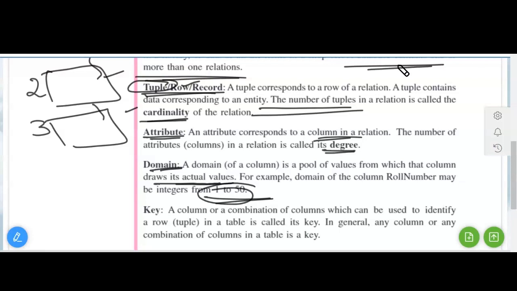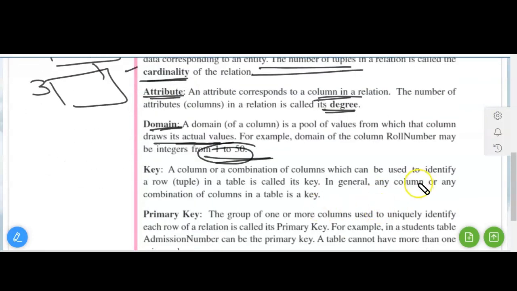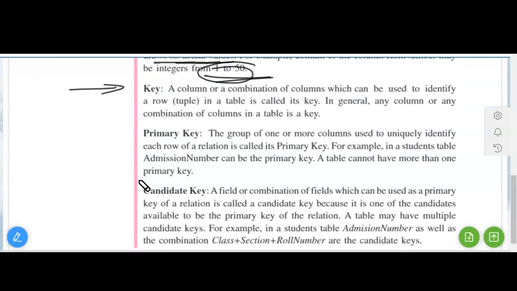Next one is key. Key is to uniquely identify or identifying a row. The way the row is being identified, it can be combinations of key, or a single column can be a key as well. So when it comes to primary key, different keys are available. When it comes to primary key, it is used to uniquely identify a particular row.